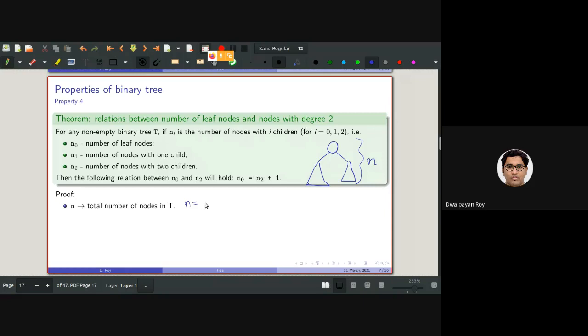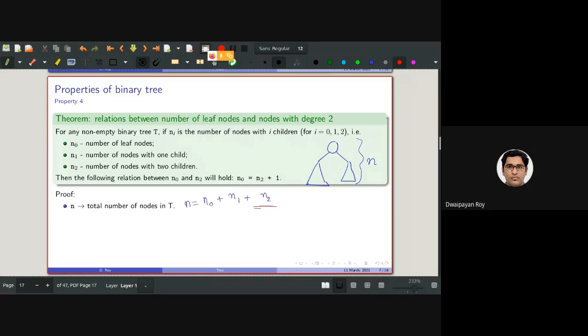Please, someone. n is the total number of nodes. n0 plus n1 plus n2. Are you sure? Yes.